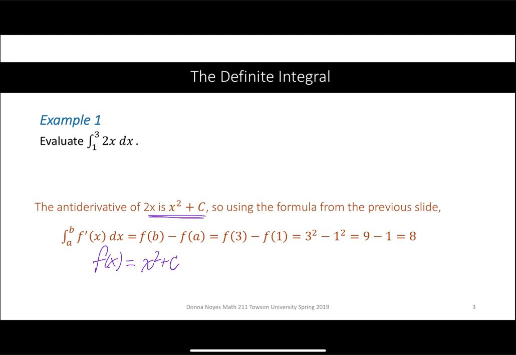Now we're going to find f of 3 minus f of 1, which would be 3 squared minus 1 squared, which is 9 minus 1, or 8. I feel like definite integrals are much easier to understand when we have a concrete example like this.